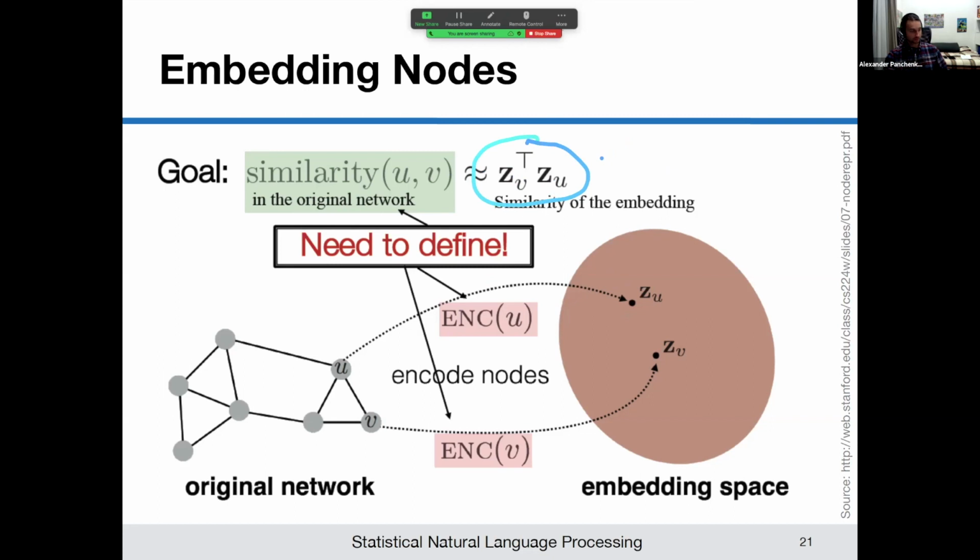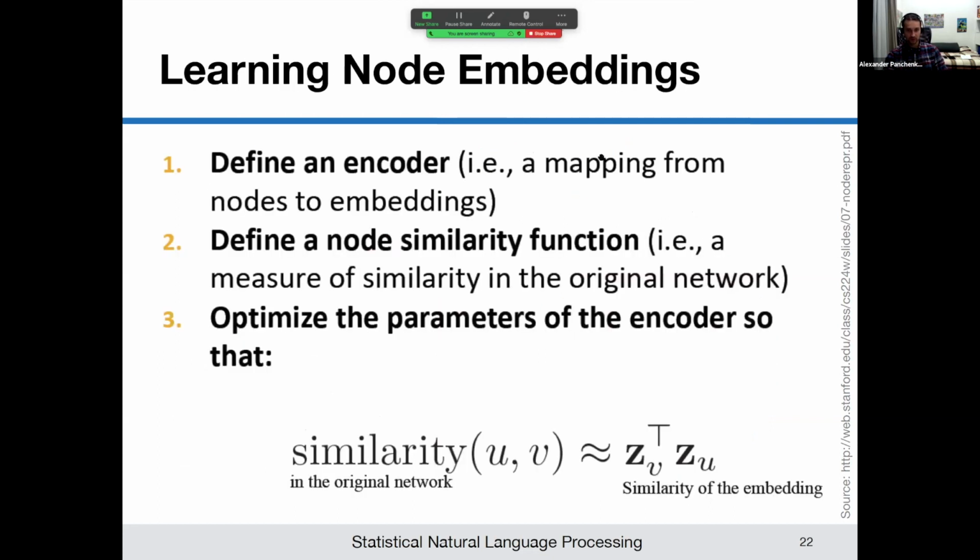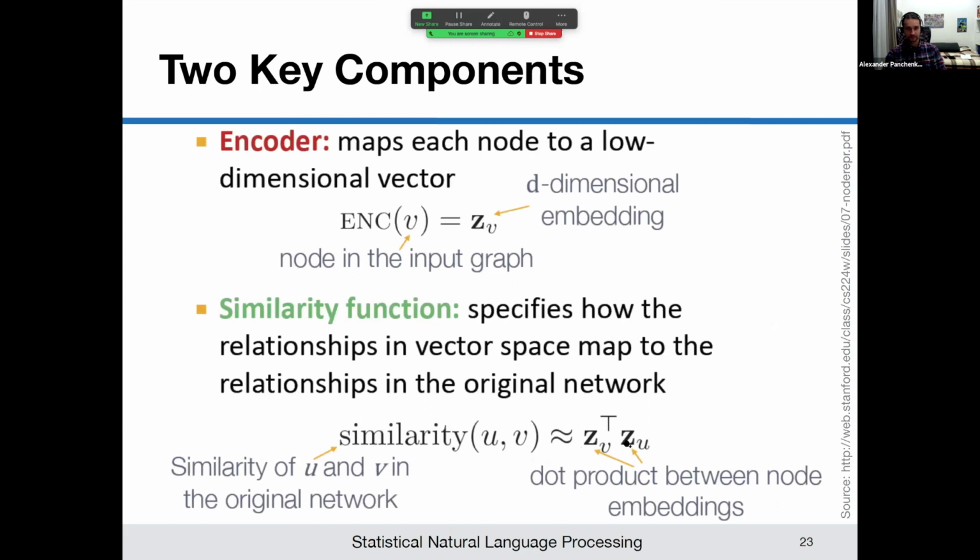But this is not the only thing you have to define; you also have to define some kind of encoder which would rely on this similarity function. And as you define the encoder, the mapping, and the similarity function, you have to optimize the parameters of this encoder so that the similarity in the original network is very similar to similarities in the embedding space.